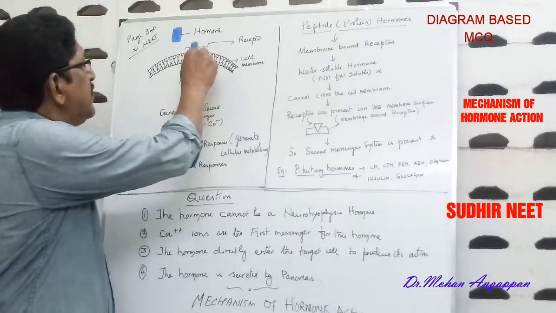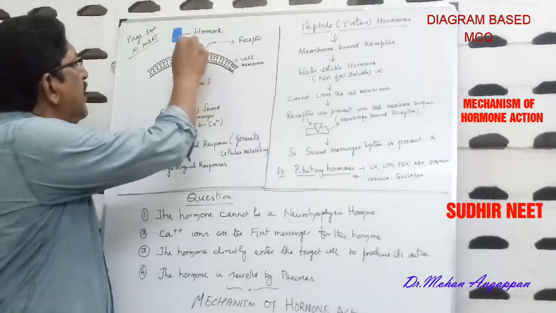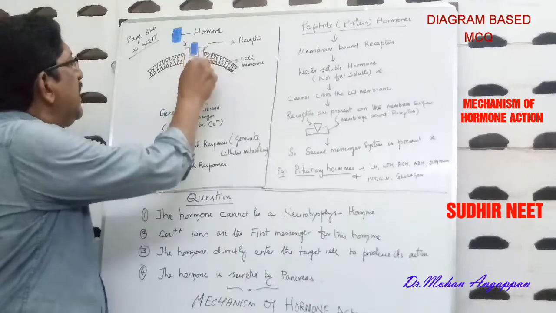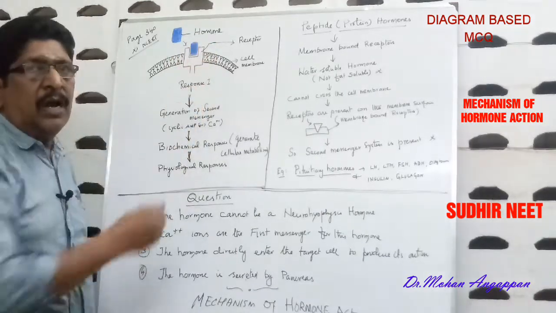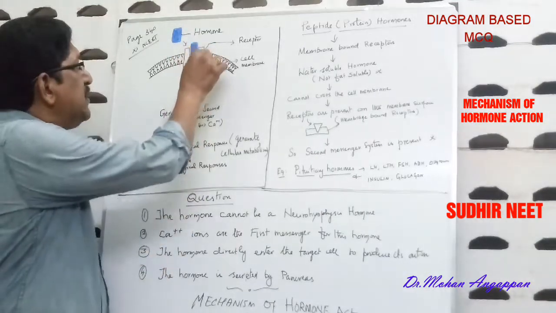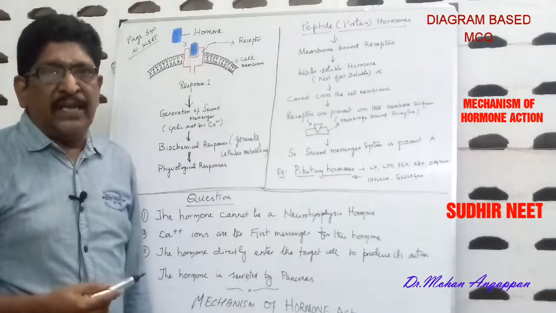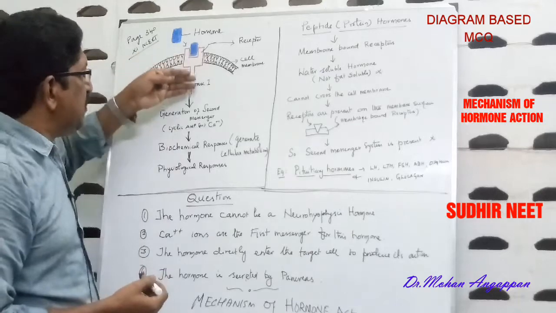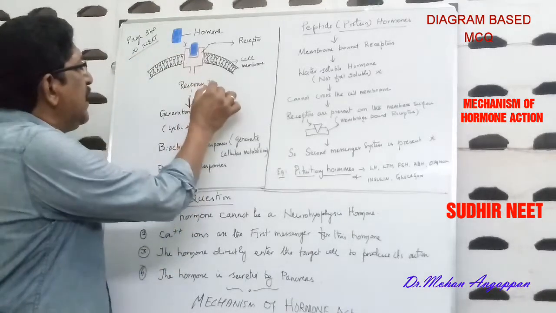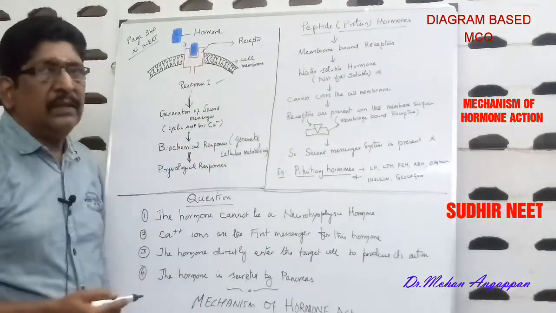This receptor takes the hormone and forms the receptor hormone complex in the cell membrane itself, and then this complex comes inside and forms the response 1.